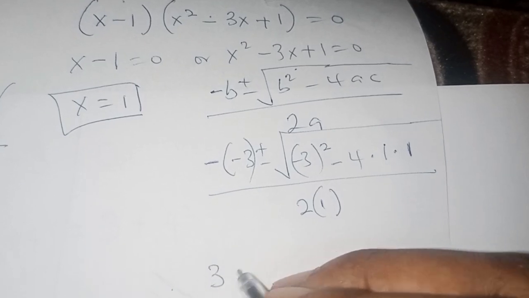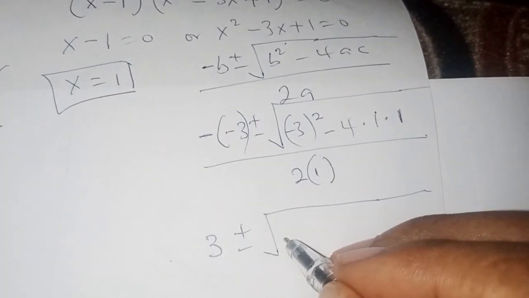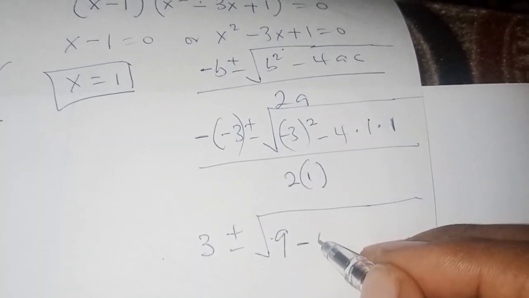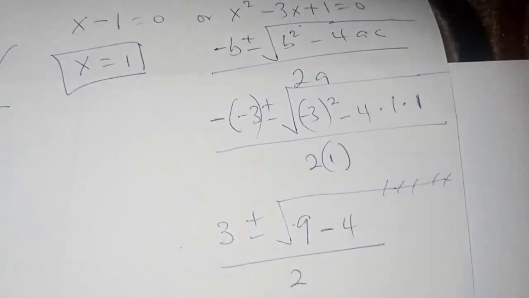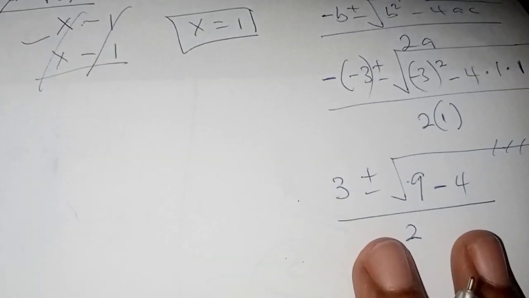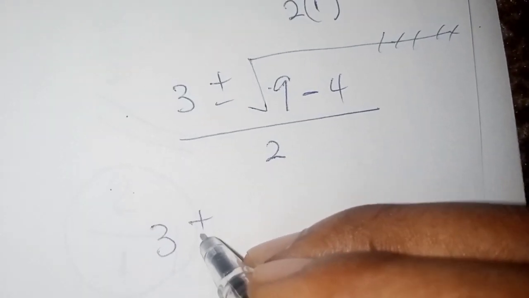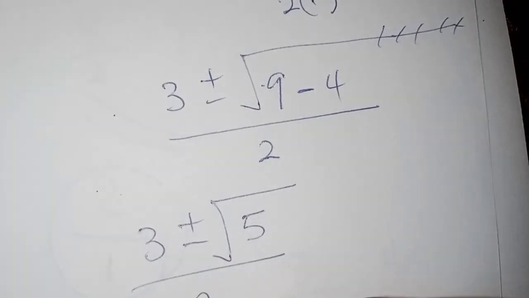That gives us 3 plus or minus the square root of 9 minus 4, all over 2. This would give us 3 plus or minus root 5 all over 2.